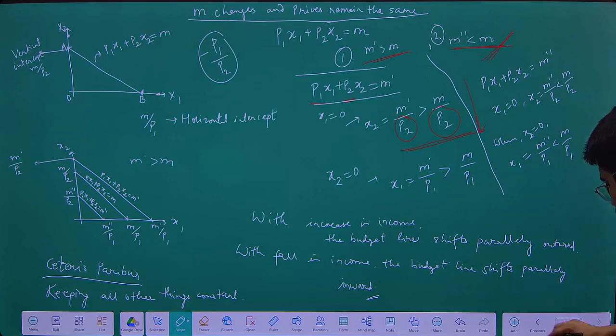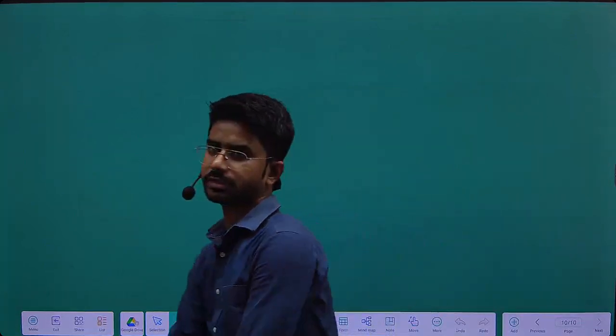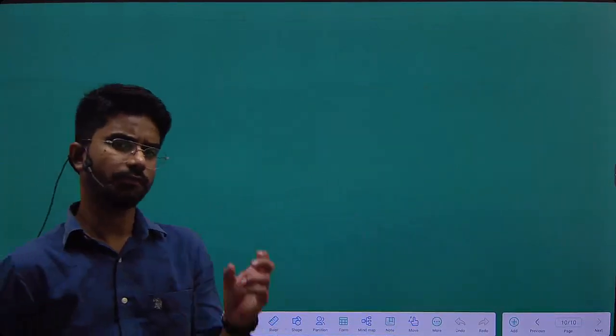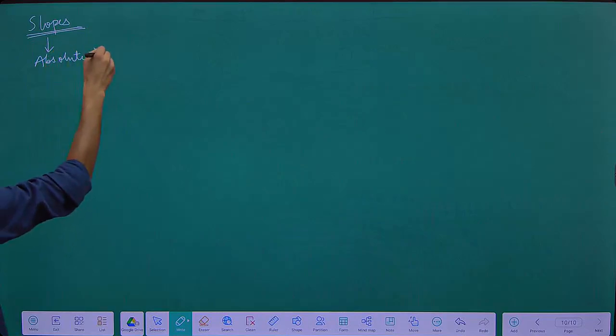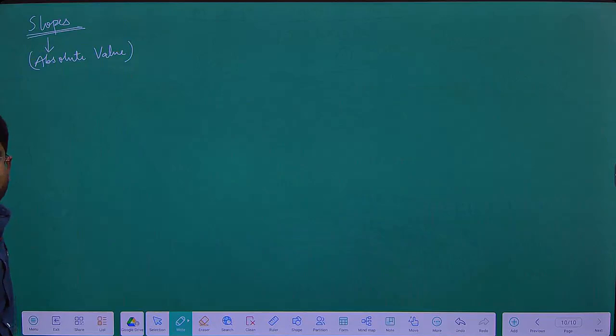Okay, let's move to another change. Suppose if one of the prices change and the income remains the same, then what happens? Before moving to that, let's discuss one thing on slopes. Always remember, in absolute value, if slopes have higher absolute values, in that case, the curve will be steeper.